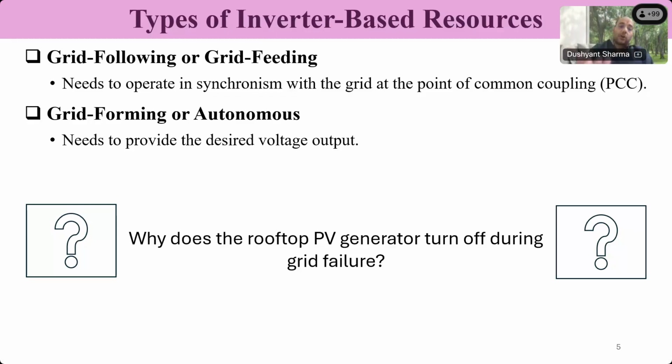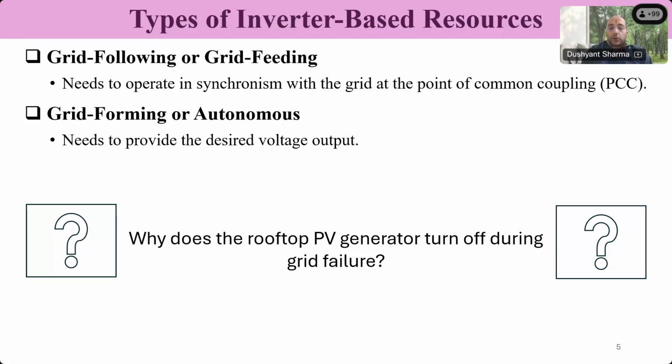Current will be automatically drawn depending on the load. If we turn on one light, there will be some current. If we turn on two lights, the current will double. If we turn on two lights and a fan, the current will further increase. So now the current is variable, not controlled, but the voltage is in your hands.